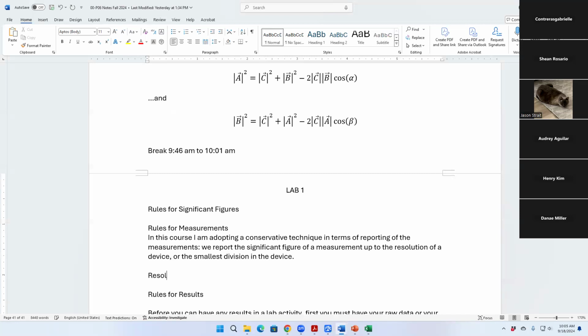Now, resolution of the ruler, you should know that already: 1 millimeter. There are rulers out there that have a resolution of 0.5 millimeter. It's not easy to find those rulers, but they exist. But most rulers have 1 millimeter resolution. 1 millimeter resolution is 0.1 centimeters, which is, by the way, 0.001 meter, which is our main SI unit.